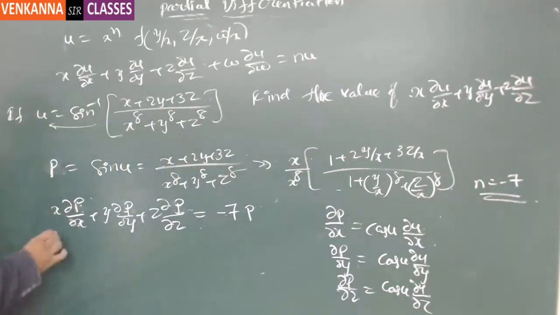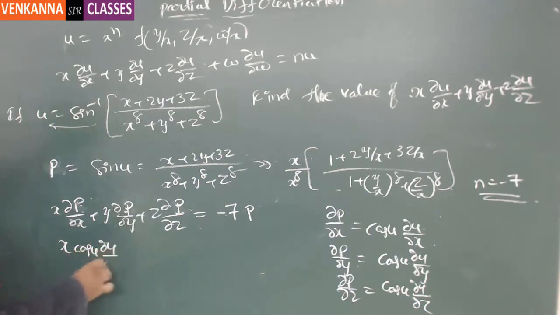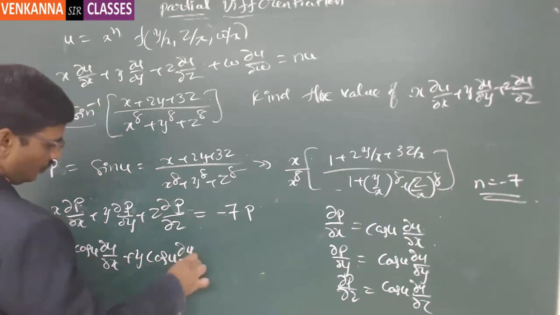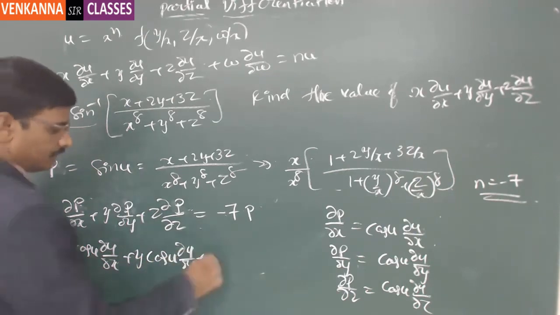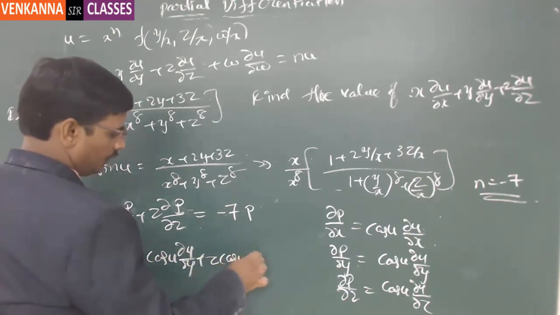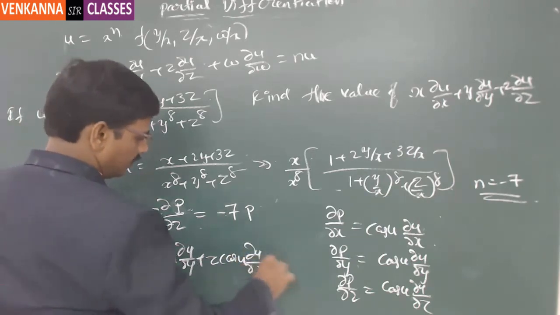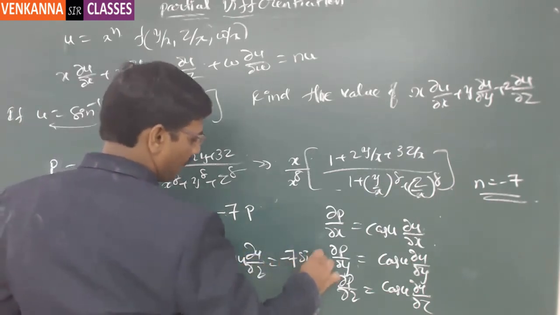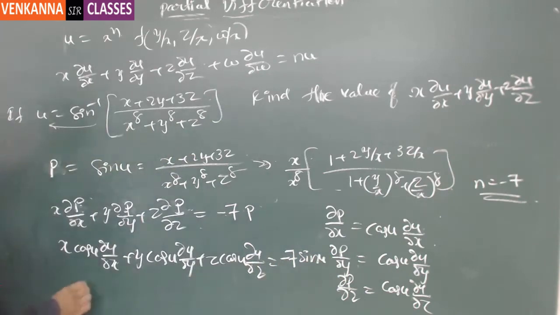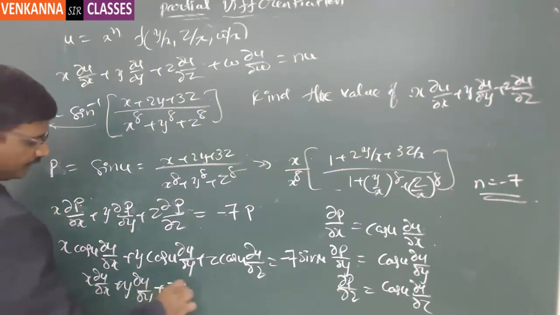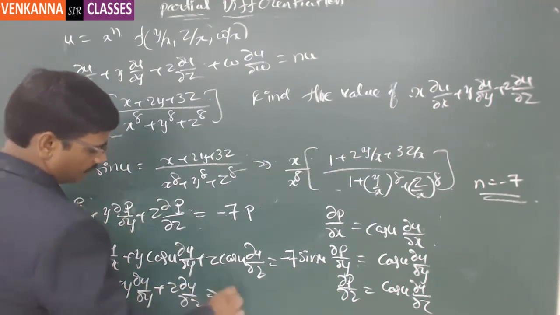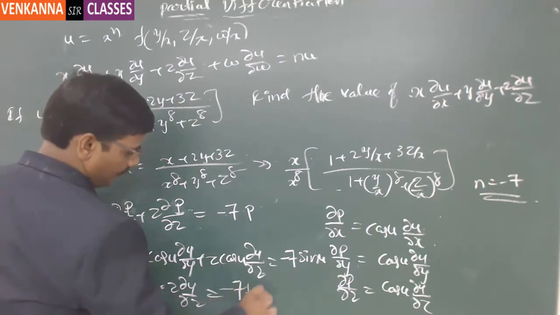So here x into cos u into dou u by dou x plus y into cos u into dou u by dou y plus z into cos u into dou u by dou z is equal to minus 7 sin u. So if you bring the cos to the other side, x dou u by dou x plus y dou u by dou y plus z dou u by dou z is equal to minus 7 tan u.